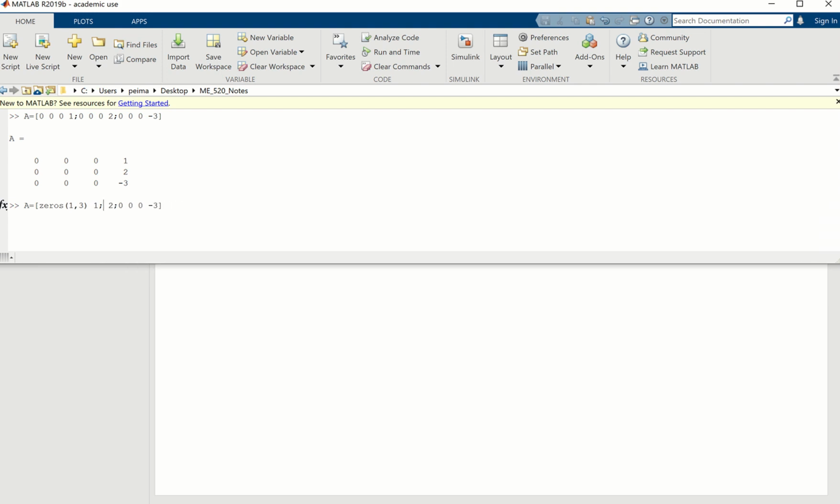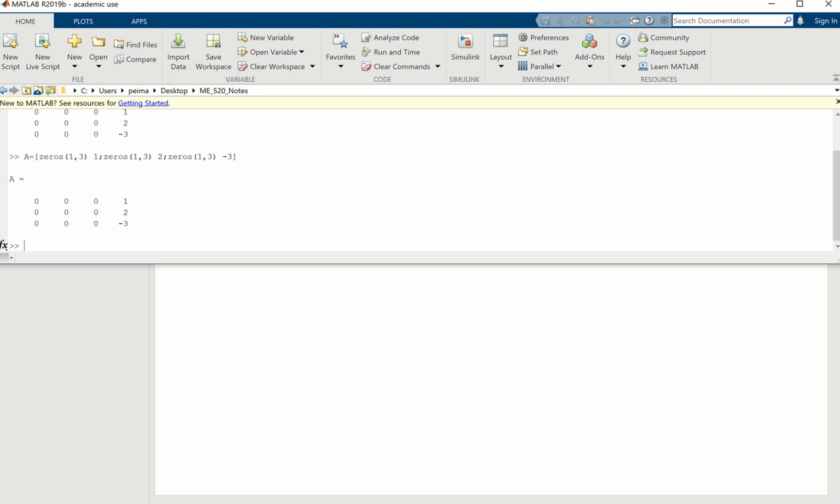You can do the same here: zeros 1 and 3 means generate a vector of zeros in 1 row and 3 columns. If you run it, you exactly get the same result. Understand?